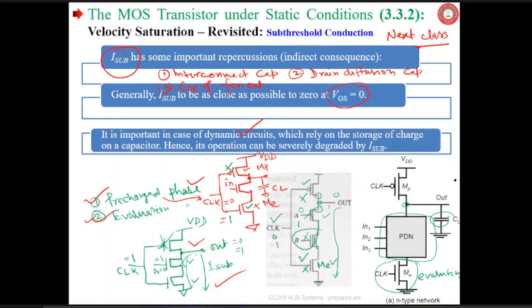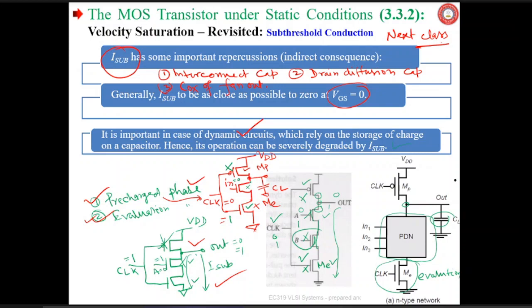Now, based on the input, whether it is 0 or 1, if it is 0, what should the output of an inverter be? If input is 0, what should be the output in an inverter? Yes, 1, sir.